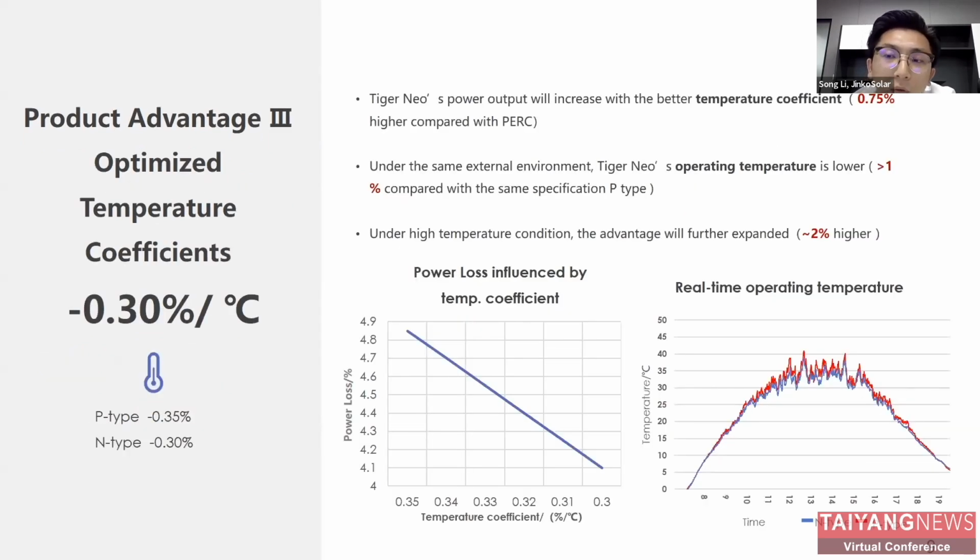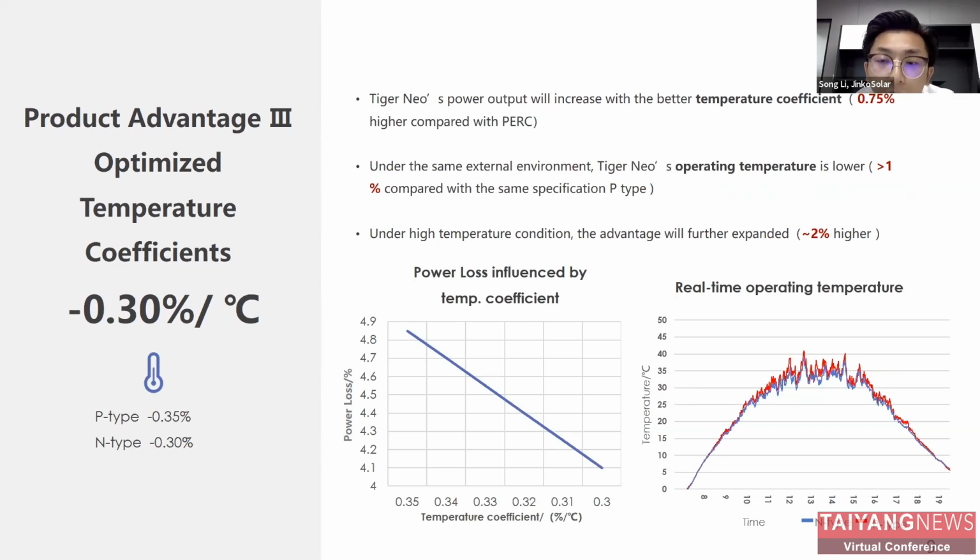And then in terms of the module temperature coefficient, the Jinko TaiyangNews module can achieve an optimized temperature coefficient of 0.3, and it increased the average power by about 0.74. At the same time, according to the test data provided by our research and development department, the TaiyangNews series modules can operate at an average temperature more than 1 degree centigrade lower than the P-type of the same specification.